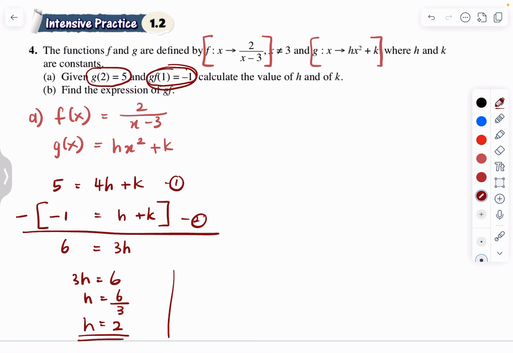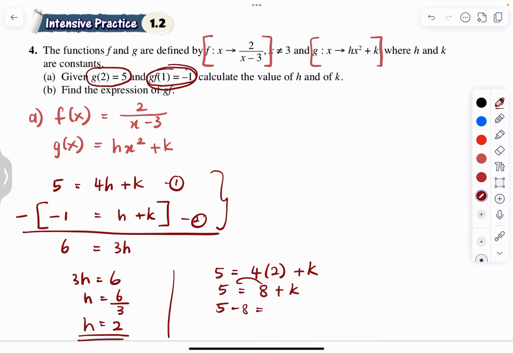Once we get this ready, we can find the value of k. So you can put in the value of h into any of these equations. Let's take the first one. 4h plus k. So 8 plus k equals 5. So making k the subject, let's bring the 8 over here. So 5 minus 8 equals k.